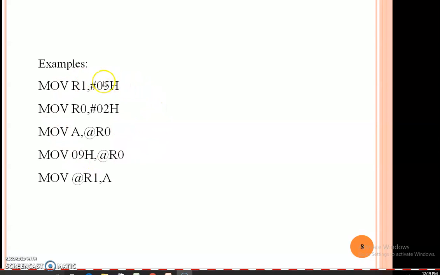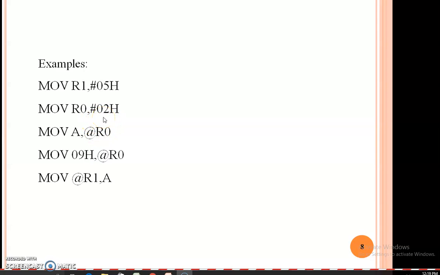So we will see one example. Just see here, I am moving 5H into R1, 02 into R0. When I am using MOV A, @R0, what is the data of R0? 02. So @02 nothing but it will become an address. So the memory location address is 02.